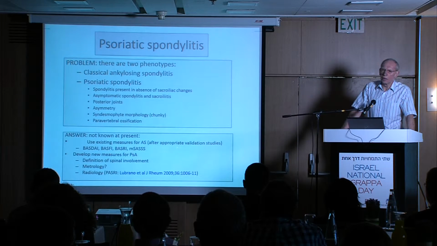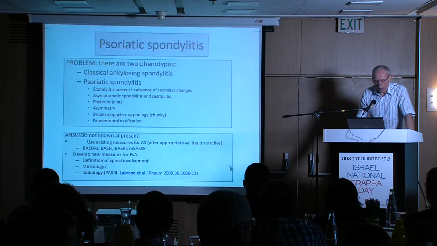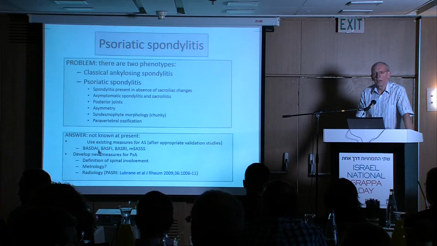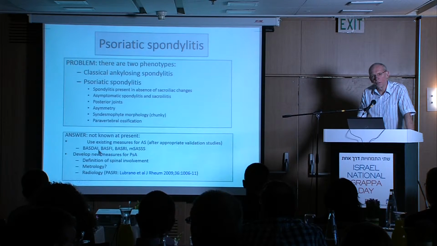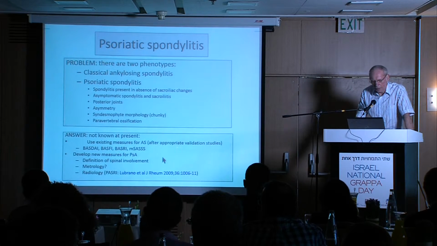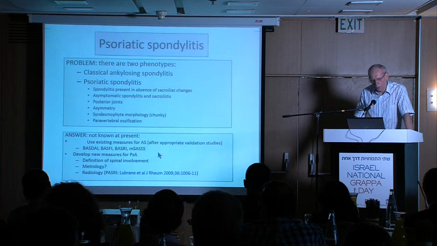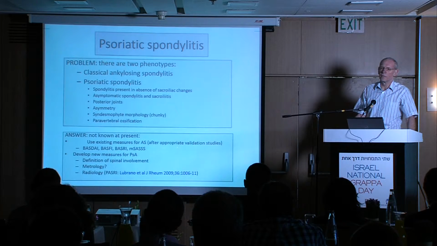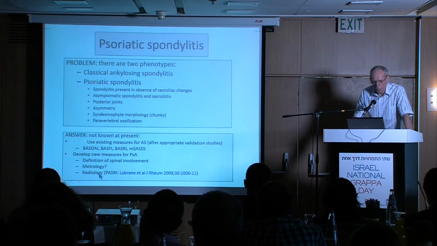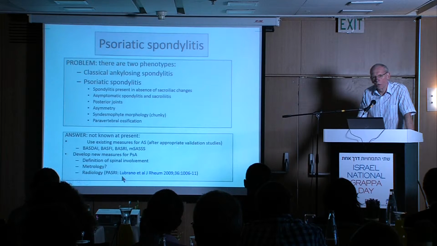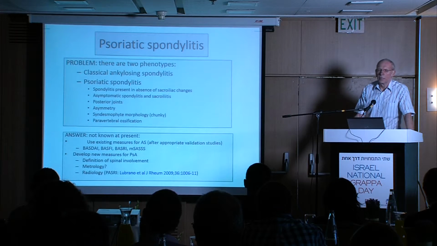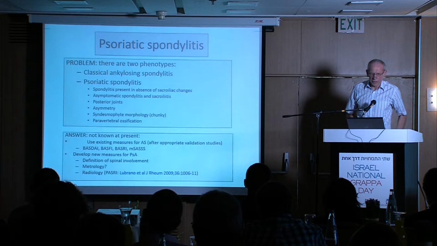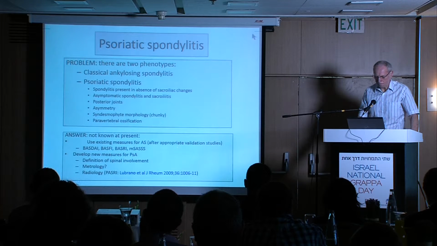And we don't yet know whether the classical ankylosing spondylitis outcome measures are suitable for this group of patients. So there's ongoing work in this respect to develop, first of all, to validate the AS measures and to develop new ones if possible. And we already have developed a new radiological index called the PASRI, which is taken from a mixture of the MSAS and the BASRI.